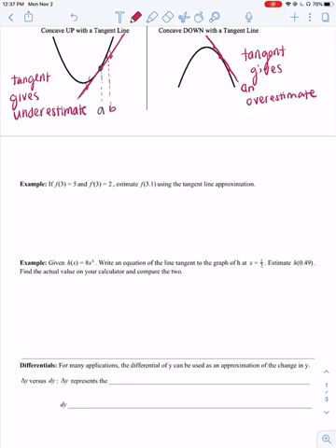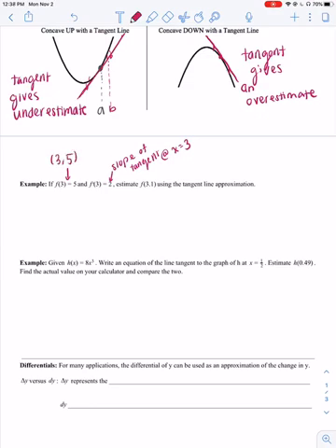All we know is that f of 3 is 5 and f prime of 3 is 2. Because it's f prime, this is the slope of the tangent at x equals 3. And this is giving us an ordered pair, (3, 5).